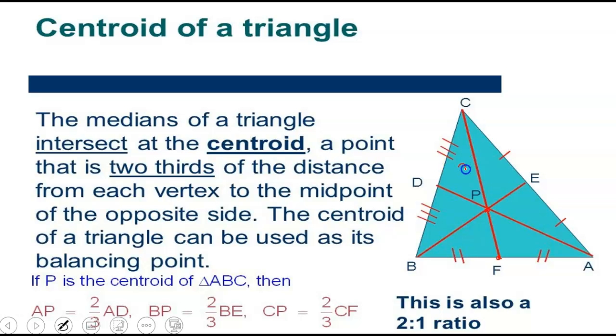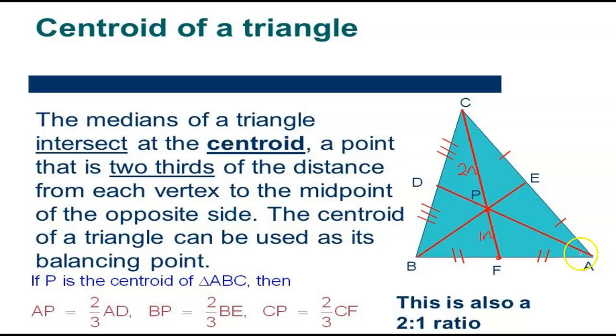From the vertex, it's going to be 2n, and that's going to be 1n. So from the vertex, which is the longer part, to the centroid is 2/3 of the whole median. And from the centroid to the side is 1/3 of the whole median. So they are in the ratio of 2 to 1, and this is for all of the medians.